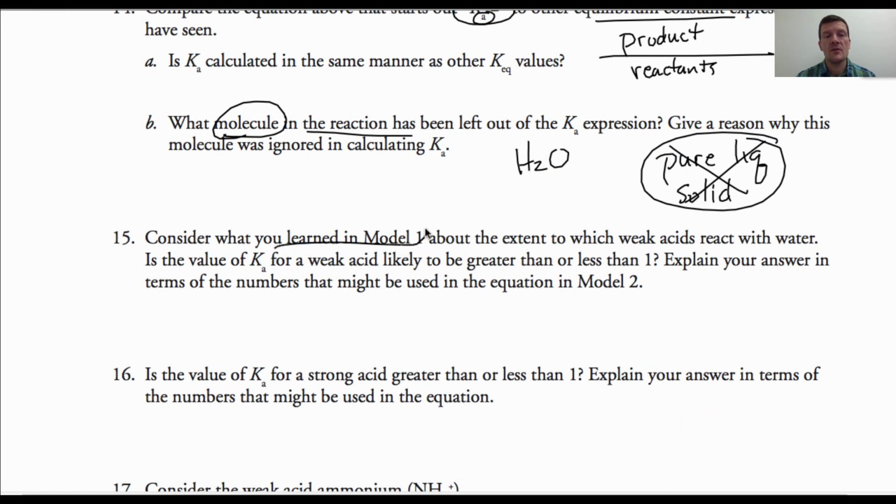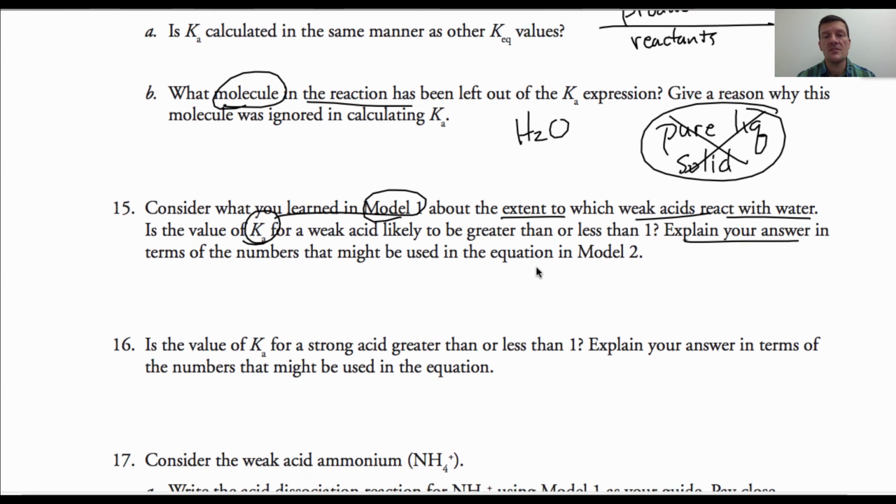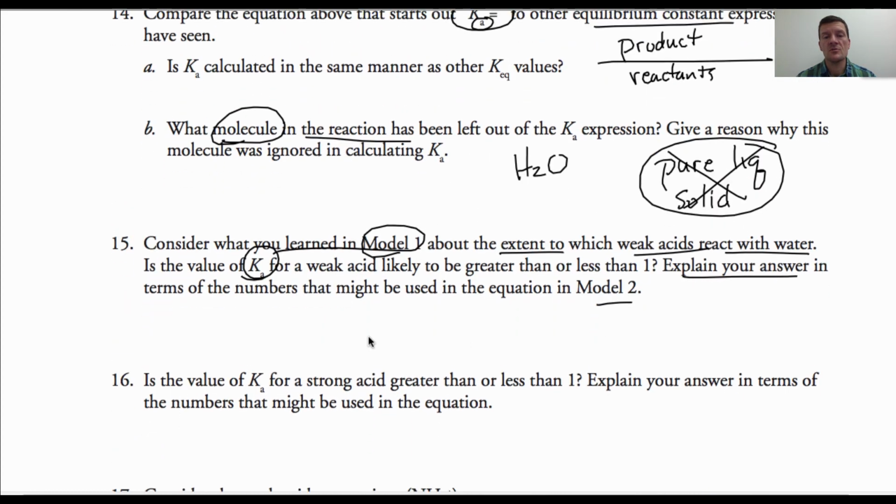Consider what you learned in Model 1 about the extent to which weak acids react with water. Is the value of Ka for a weak acid likely to be greater than or less than 1? Explain your answer in terms of the numbers that might be used in the equation in Model 2. So here's what we're saying.